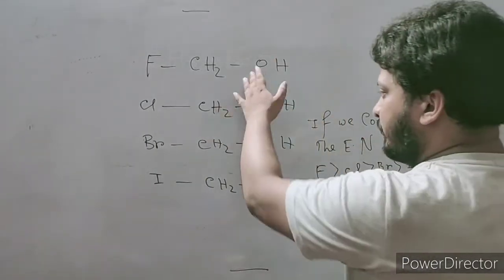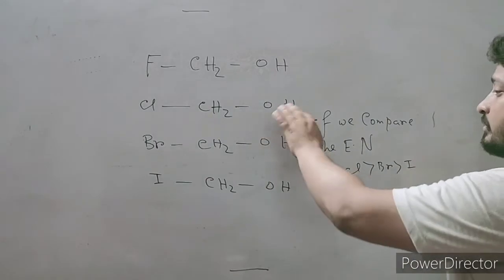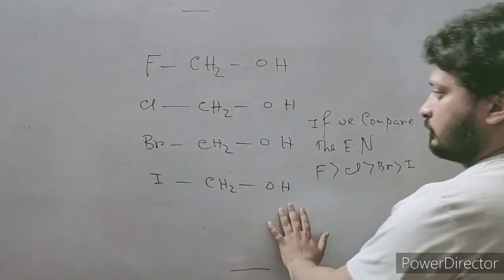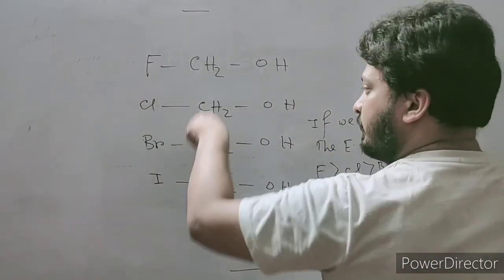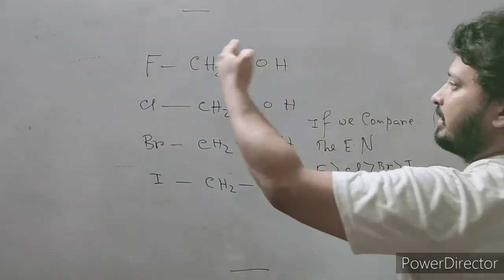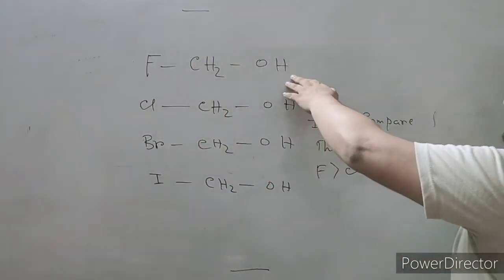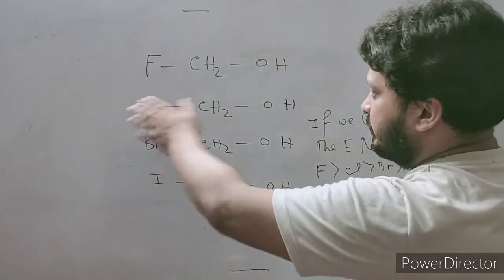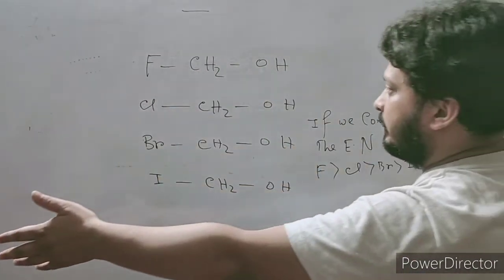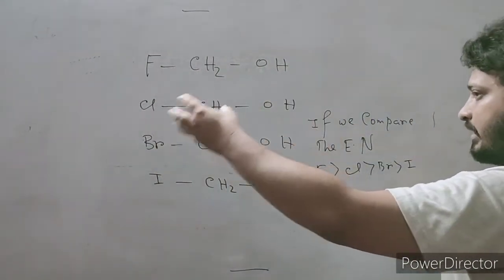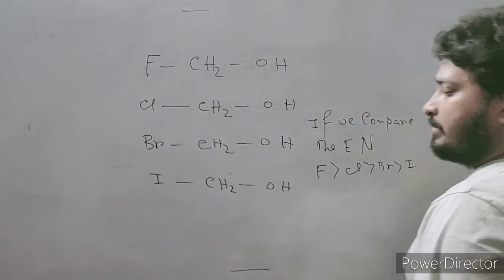First one is more acidic compared to the second one, the second one is more acidic compared to the third one, and the third one is more acidic compared to the fourth one, due to the electronegativity of the element. Whoever has a higher electronegative element can easily donate the H plus ion, and we can call whoever can donate the H plus ion an acid.